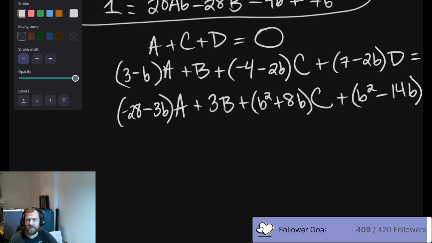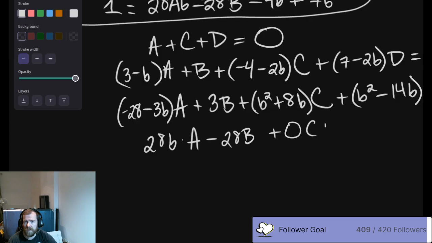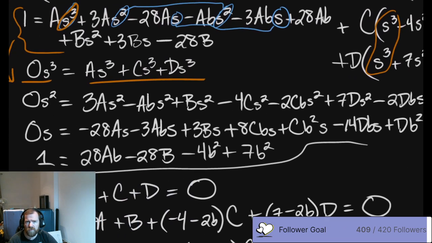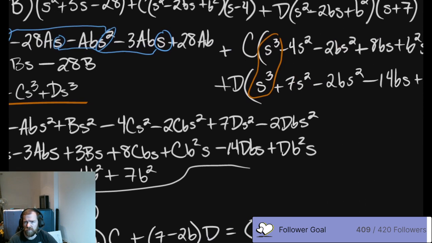All right, we've got then the last equation is going to be 28 lowercase b times a, capital A, minus 28 capital B plus 0c plus 0d. That doesn't seem right. Hang on. Where's the... Oop.